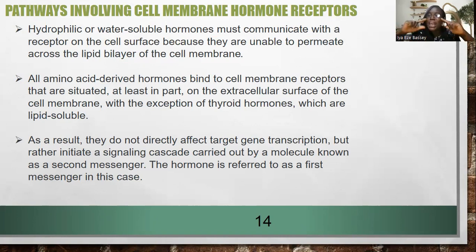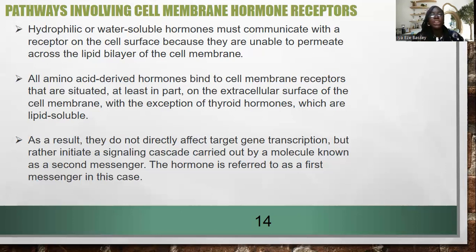And because of that lipophobic nature, they cannot permeate across the lipid bilayer of the cell membrane. All amino acid derived hormones actually bind to cell membrane receptors that are situated, at least in part, on the extracellular surface of the cell membrane, with the exception of thyroid hormones, which I've already explained because of their benzene ring and iodine, they are lipid soluble.